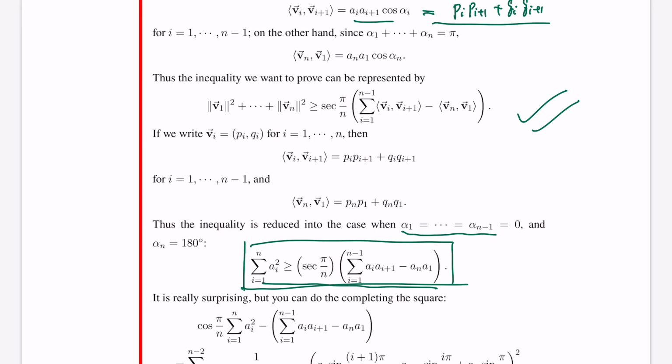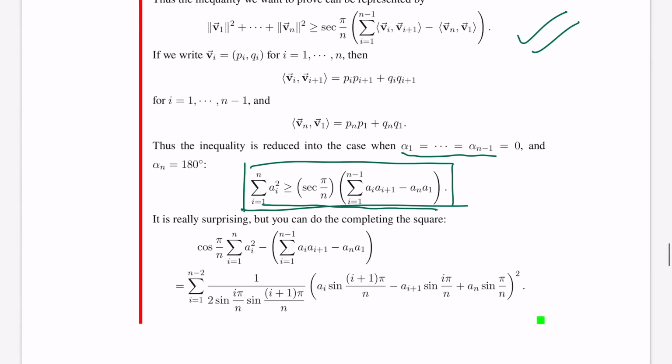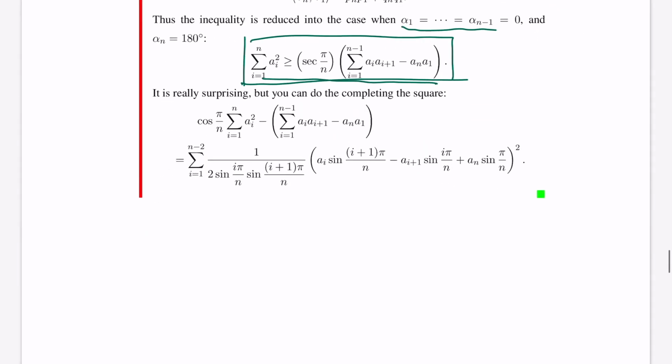How to prove it? Well, it is surprising that we can complete the square by using the Lagrange method of completing the square. So I claim you have this inequality. Of course, your first reaction is, what? How did you come up with this inequality?